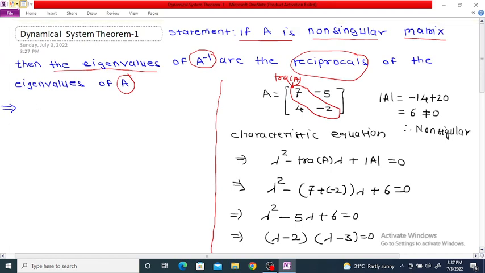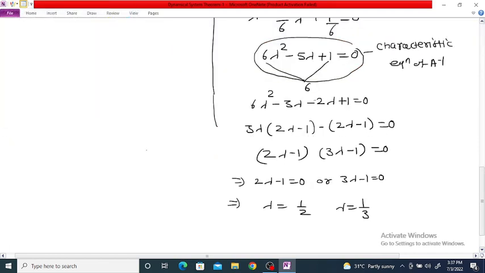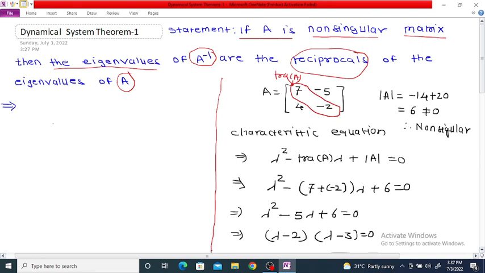So the same we want to prove here. What is given? To prove this theorem, the given part is: A is a non-singular matrix. This is given. And then what is our claim?